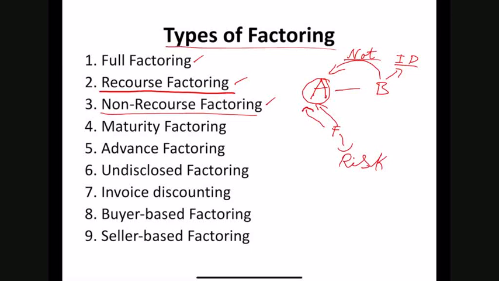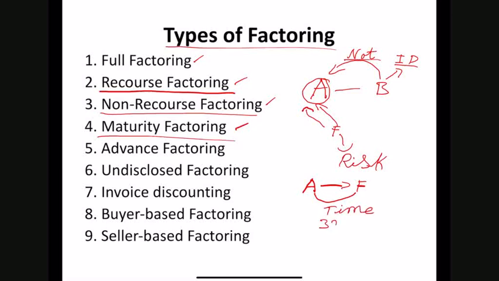This is very important. Next, coming to the fourth one, maturity factoring. This type of factoring involves the time period of the invoice. There is an arrangement between me, I am A, and my factor.